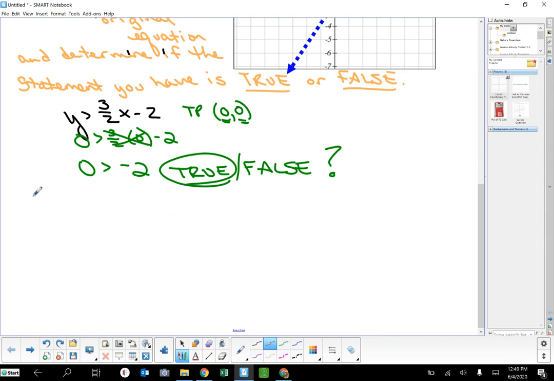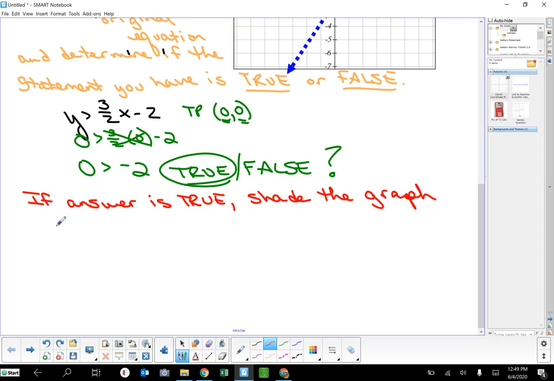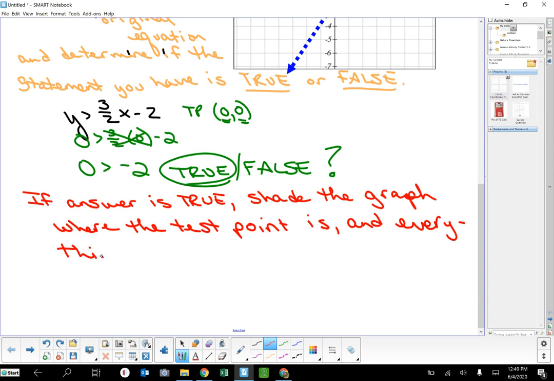If your answer is true, you're going to shade the coordinate plane where the test point is, and everything on that side of the graphed line.